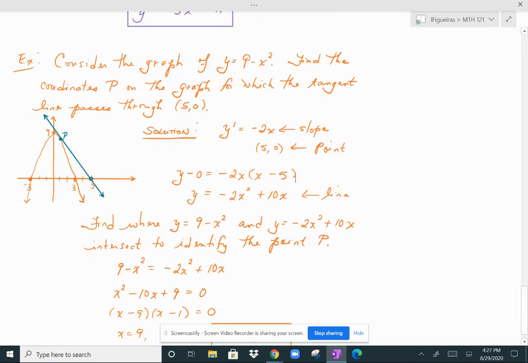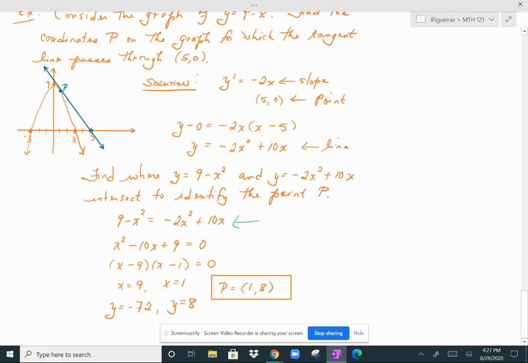So that's exactly what we need to figure out. We need to find where 9 minus x squared and negative 2x squared plus 10x intersect in order to identify what the point P is. So in order to find where two graphs intersect, we set them equal to each other like you see in this line. So I have 9 minus x squared equals negative 2x squared plus 10x.